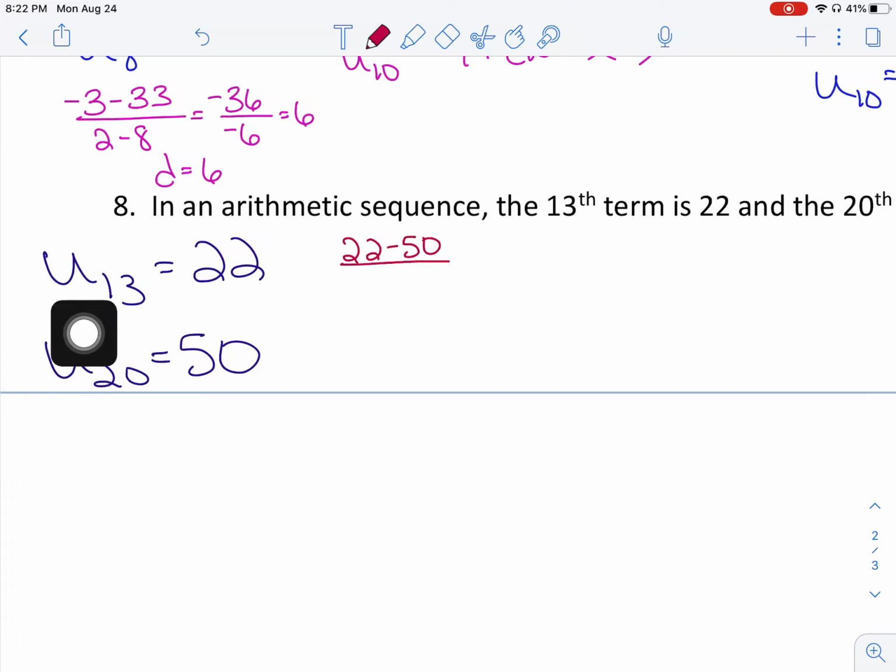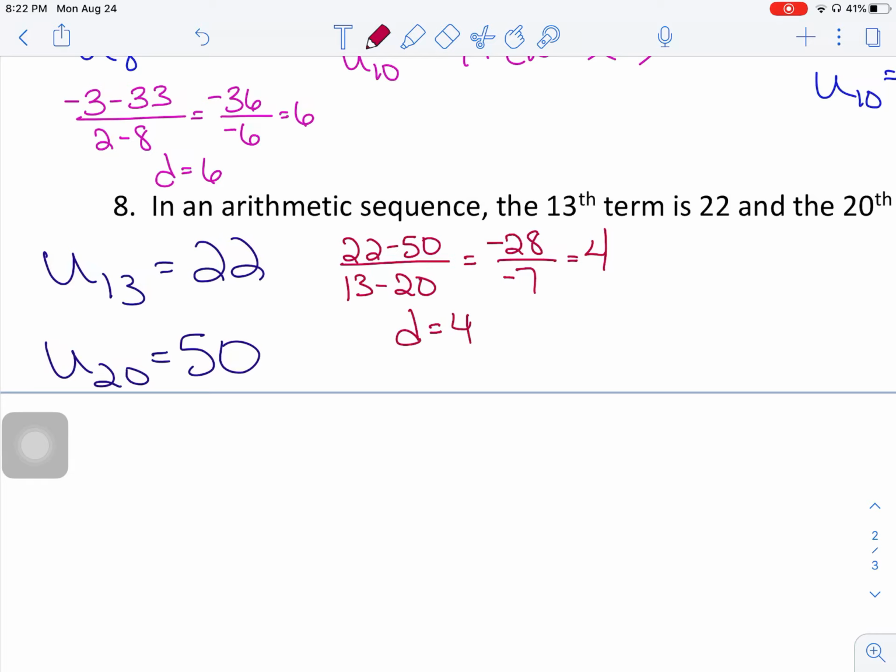And then I'm going to do the difference in my term numbers, so 13 minus 20. All right, so 22 minus 50 is negative 28, and 13 minus 20 is negative 7. So I'm getting a common difference of 4.